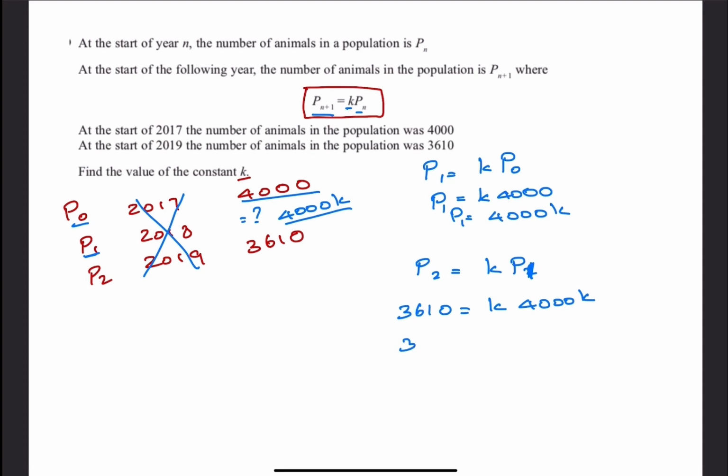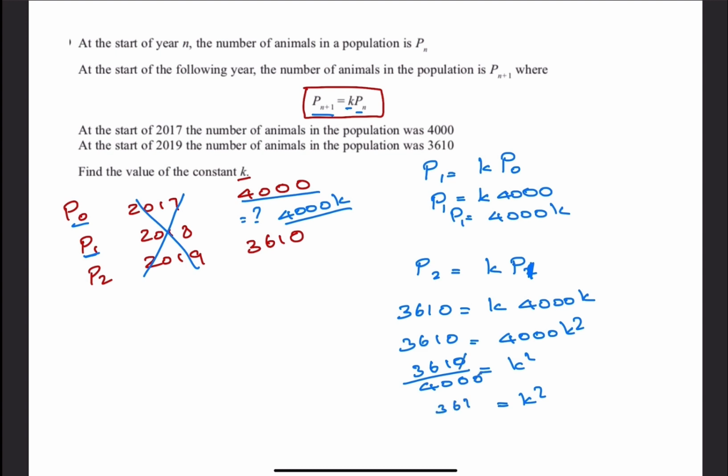If I multiply, 3610 equals 4,000 K squared. What I'm trying to find is the K, right? K squared equals 3610 divided by 4,000. If I simplify this in my calculator, 3610 divided by 4,000, it's 361 over 400.